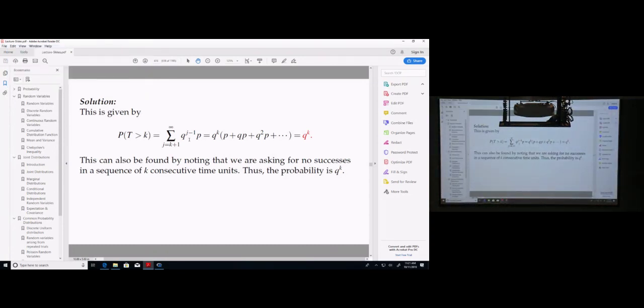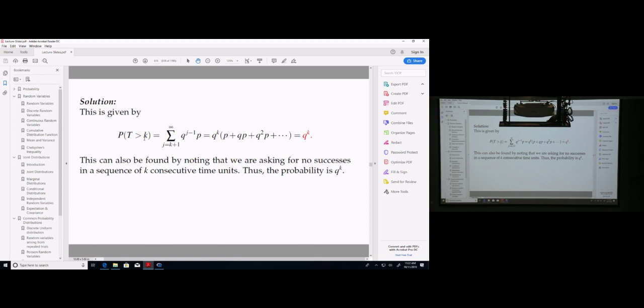Now, there is another way to calculate this without going through all these calculations. You can argue this has to be q to the power k. Why? It says that the success comes later than k. What it means is that from trial 1 to k, it has to be all failures and nothing else. Is that okay? The two statements are equivalent.